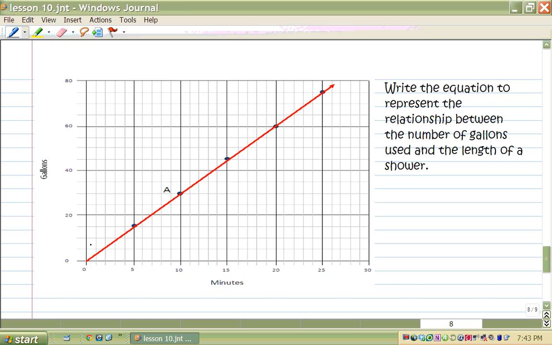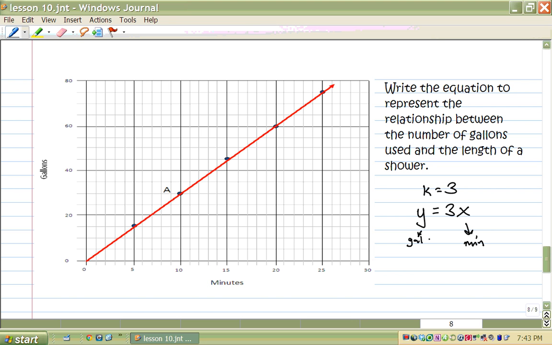The constant we already figured out, though, right? We said that k is equal to 3. So our equation would say y is equal to 3x, where x is the minutes and y is the gallons. This is minutes, this is gallons.